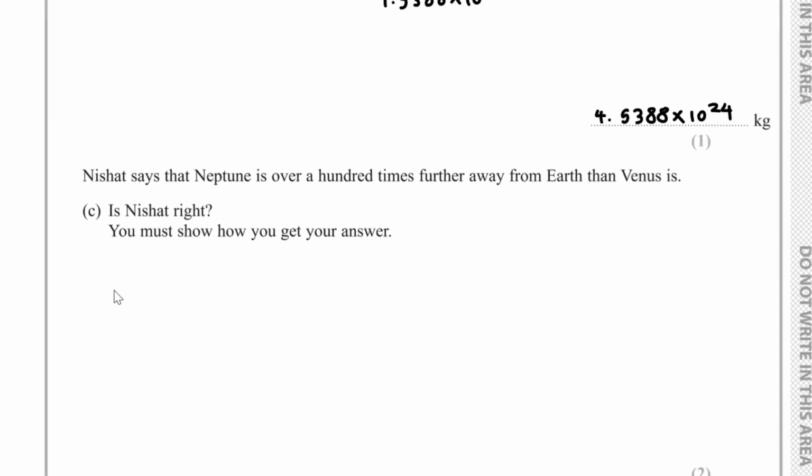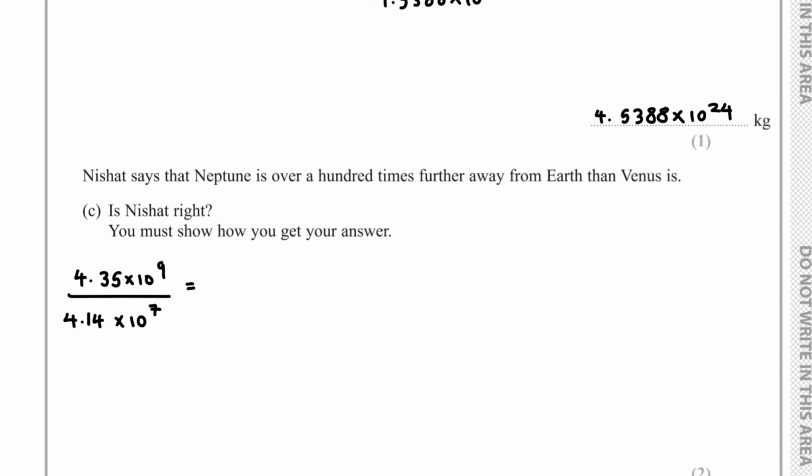So here, what we have is 4.35 times 10 to the power of 9 divided by 4.14 times 10 to the power of 7.